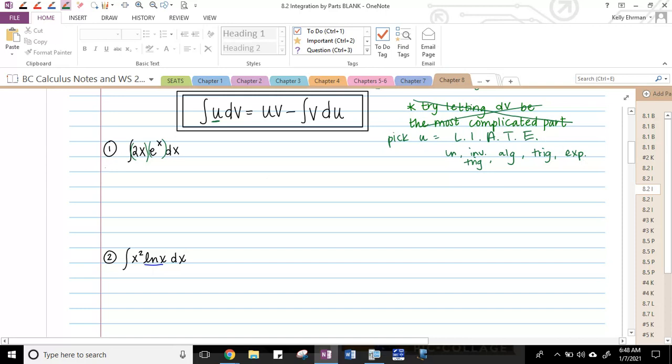So I'm going to let u equal the algebraic expression 2x, and dv is going to be the e to the x dx. dv always gets the dx. I always write these side by side like this, and then underneath u I write du is equal to 2 dx.